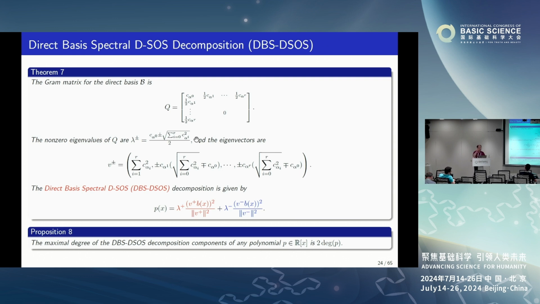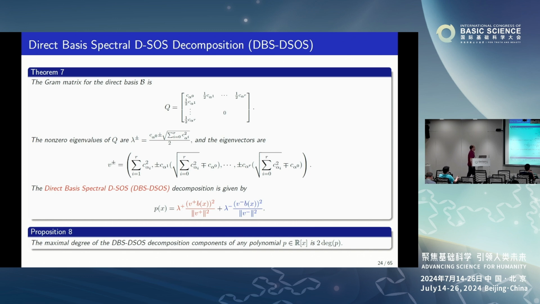And this matrix has only 2 different possibly non-zero eigenvalues, and we can compute them precisely, with the corresponding eigenvectors. So the decomposition is just one term minus another term. Okay, just one term for each square. So it's the minimal size of squares decomposition, but not a minimal degree one, because we can prove that the degree is up to twice the degree of P, not something we like.